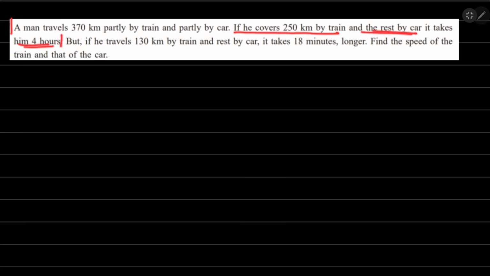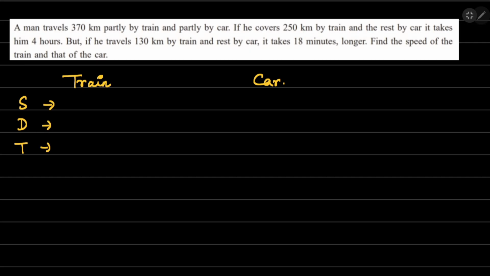Now let's pause here and write what all is given here. First of all, he travels by train and by car, so we don't know the speed at which. So you have speed, distance and time. The total distance traveled is 370 kilometers.